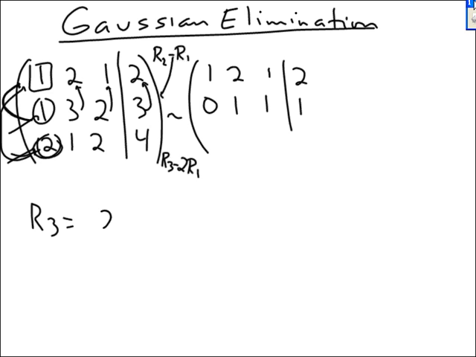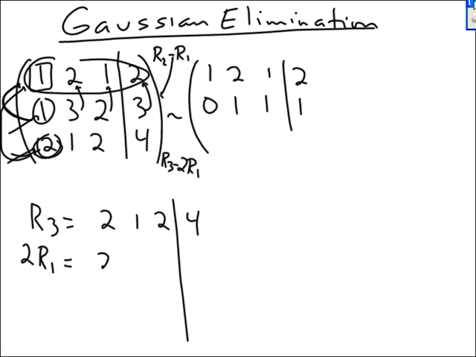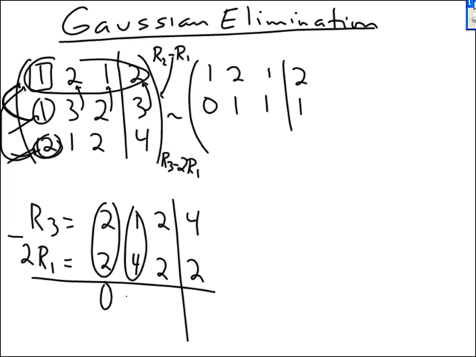Row 3 is 2, 1, 2, 4. 2 times row 1, well, I multiply each of these entries by 2: 2 times 1, 2 times 2, 2 times 1, 2 times 2. And I do subtraction: 2 minus 2, 1 minus 4, 2 minus 2, 4 minus 2. Get what I get.